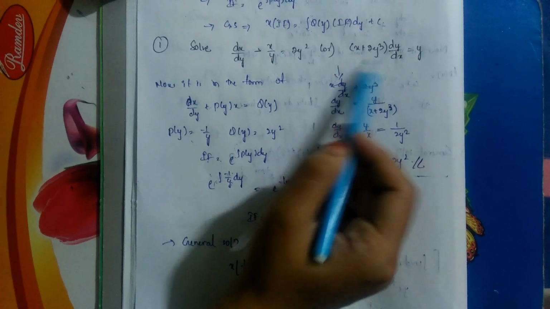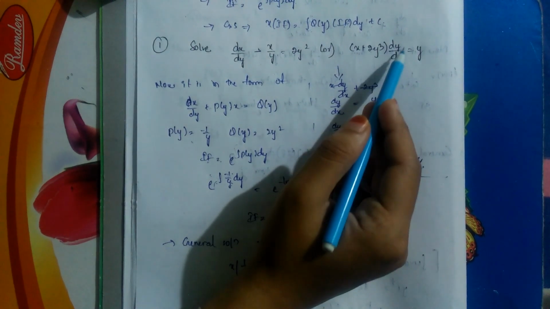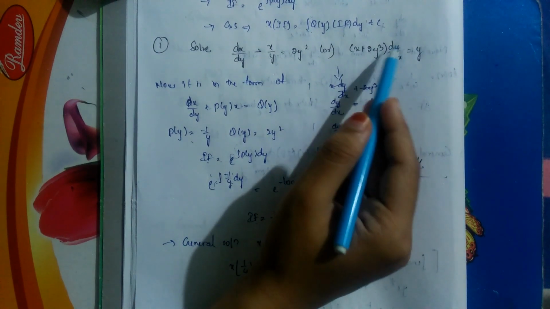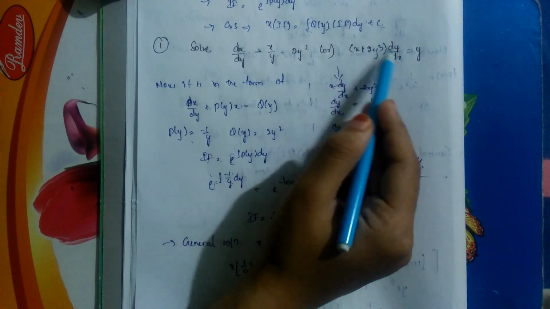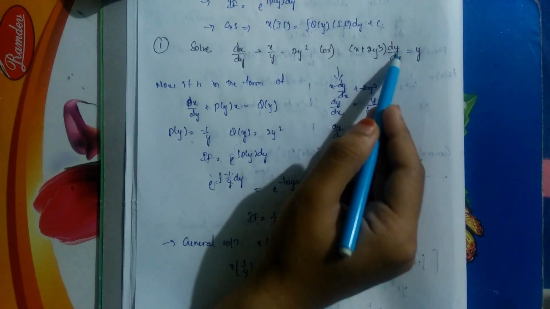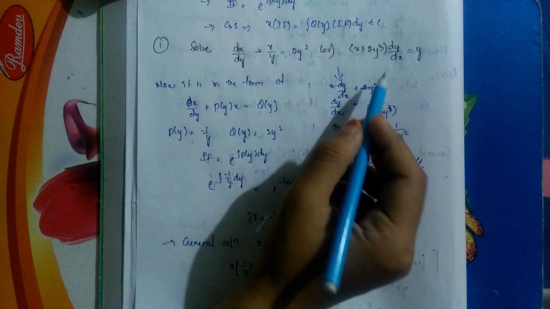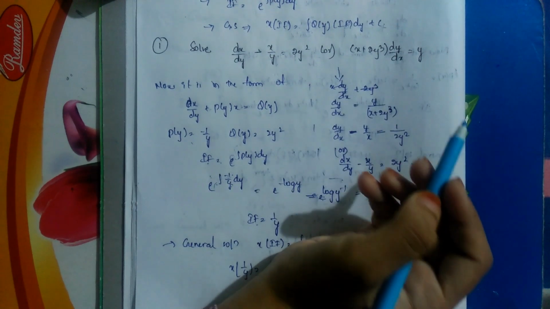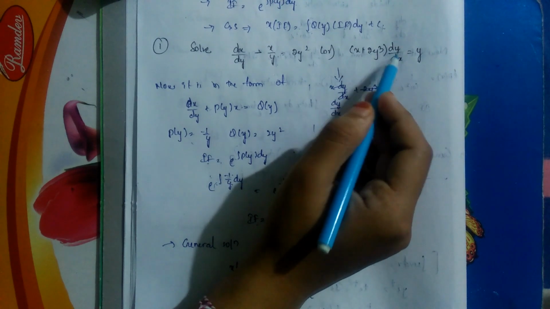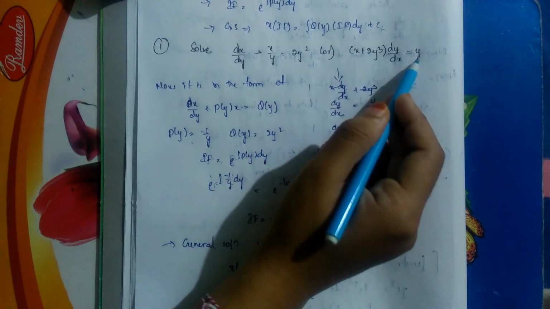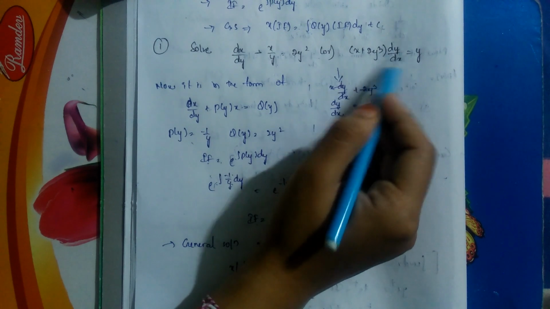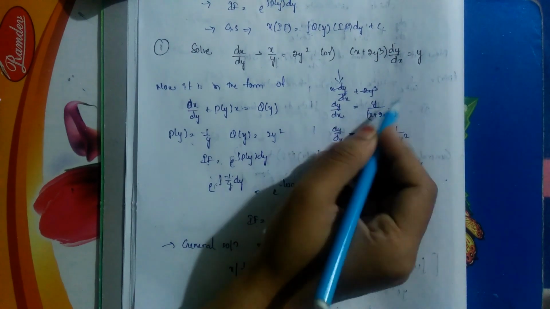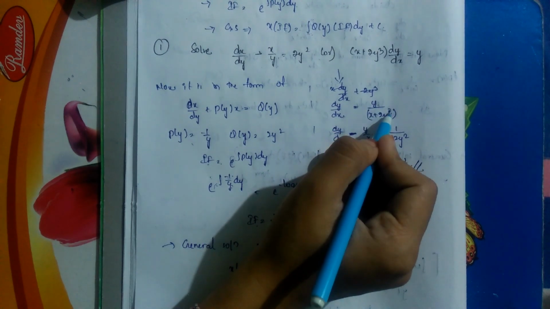When the question is given like this, you might think that dy by dx means we have to use the first method, but when we multiply this inside function with dy by dx, the question will change. So first we have to make the coefficient 1. For that we divide both sides by x plus 2y cube. Then we get dy by dx is equal to y by x plus 2 into y cube.